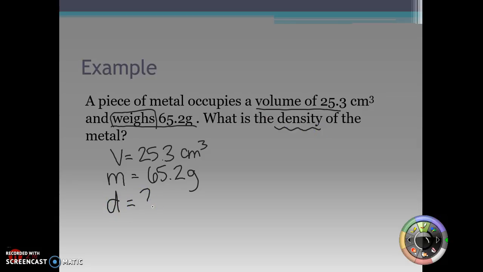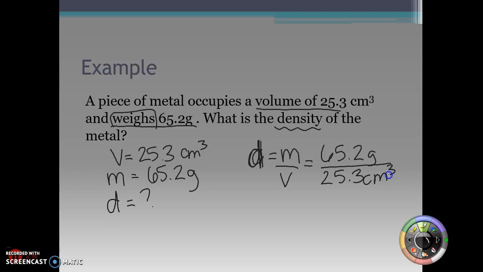So since our variables are V, M, and D, we know that our equation is going to be the density equation. Density is equal to mass over volume. Since we're solving for density, in this case, we don't need to rearrange our equation, and we can just plug it in and solve. So mass is 65.2 grams. Volume is 25.3 cubic centimeters.